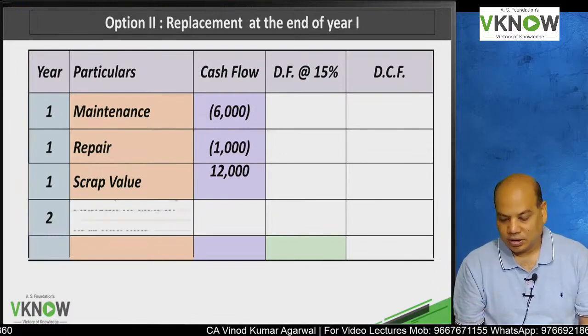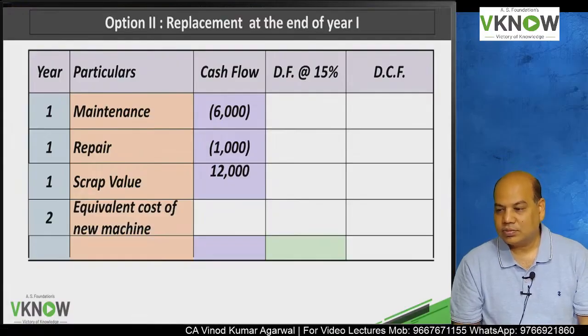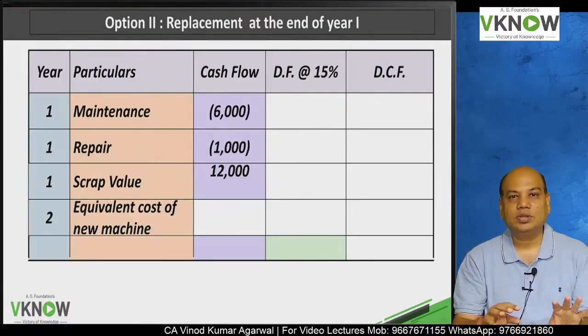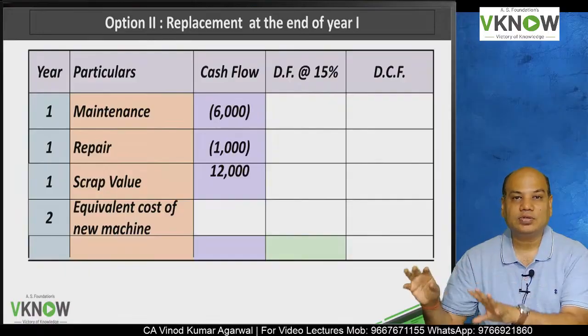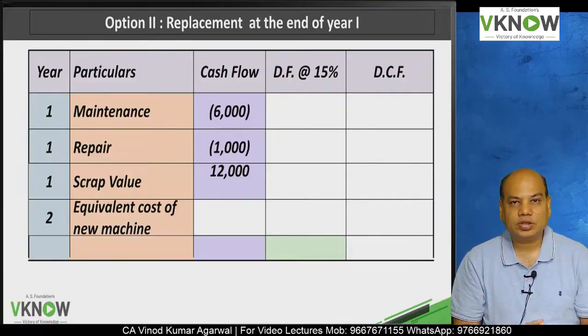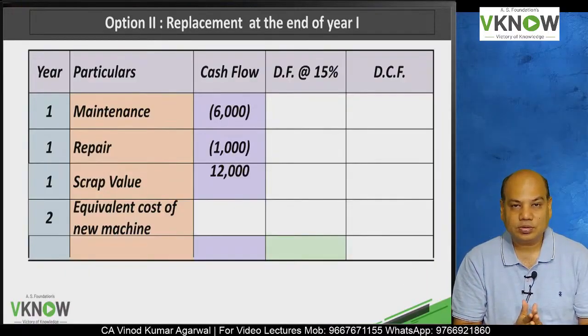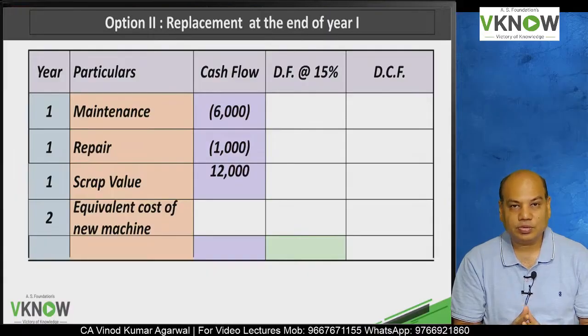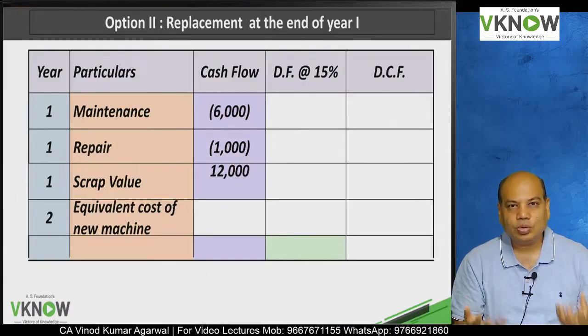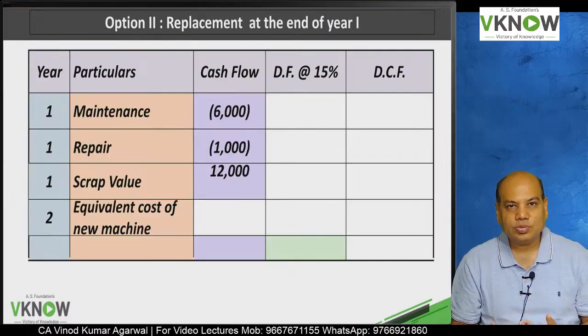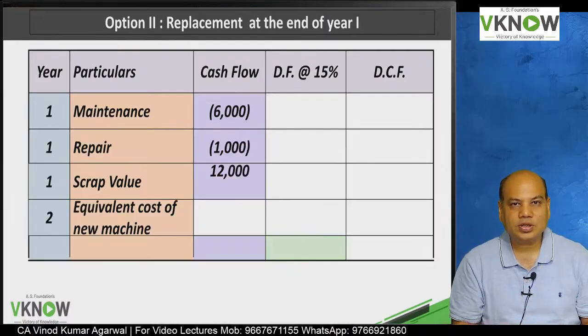So for the first year you are going to use the old asset, and these are the cash flows with respect to the old asset. Then in the second year I will incur the equivalent annualized cost of the new machine, because in the second year the new machine will be used, and in the first year the old machine. So up to year 1 old machine cash flow, from 2 onwards new machine cash flow.